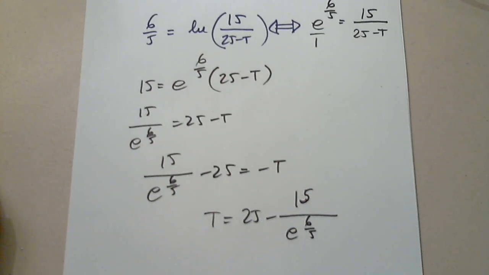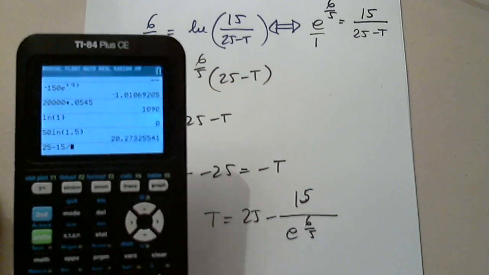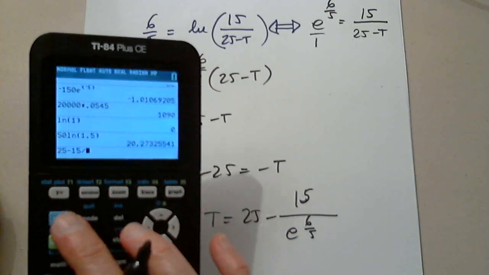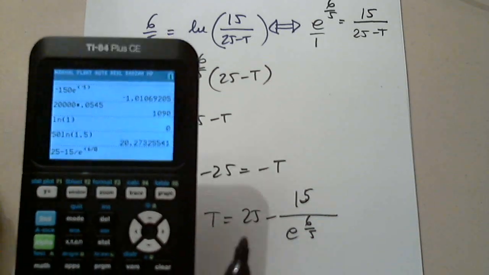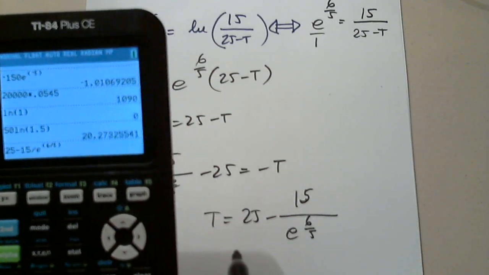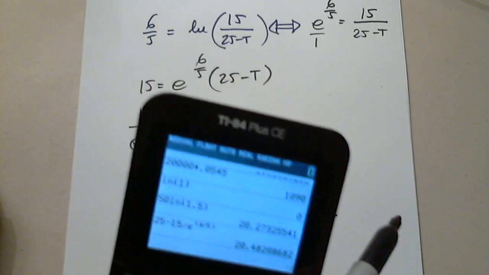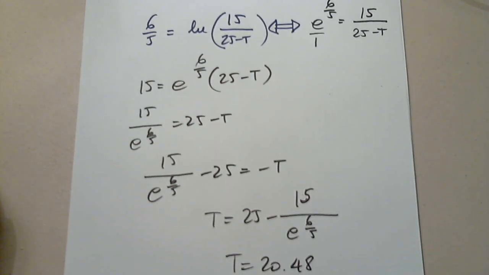What does that equal to? So 25 minus 15 divided by e to the power 6/5. 6 divided by 5. So I have 25 minus 15 divided by this, and I got 20.48. What does this represent?